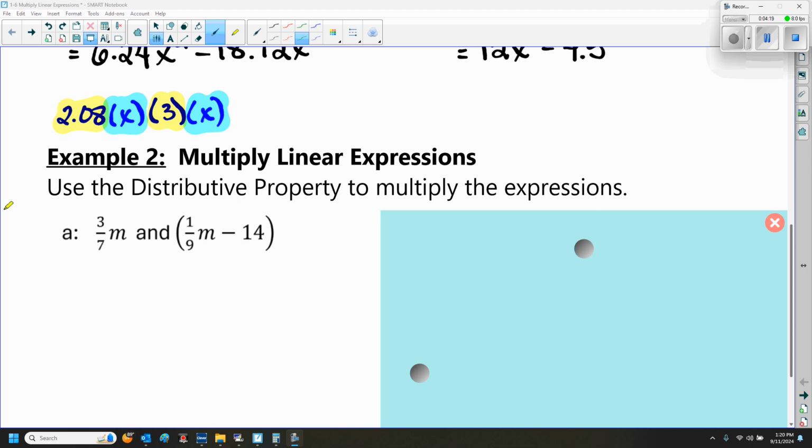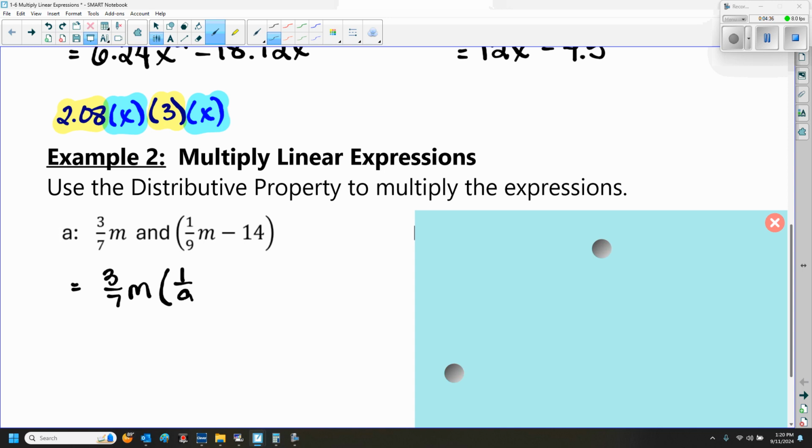All right, so example 2, we're going to use the distributive property to multiply these expressions. Okay, now we've got 3/7 m times 1/9 m minus 14.